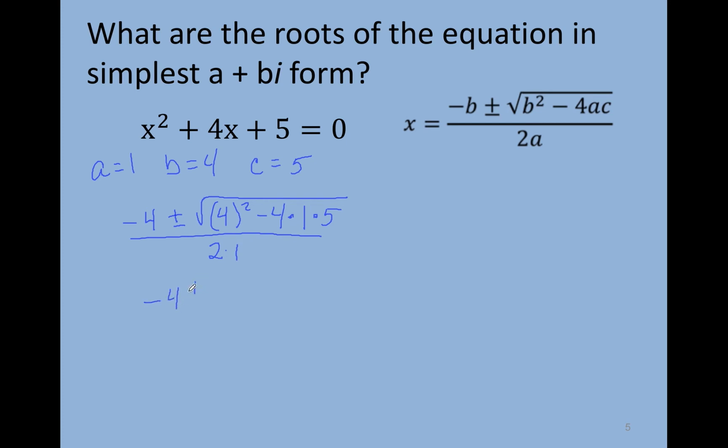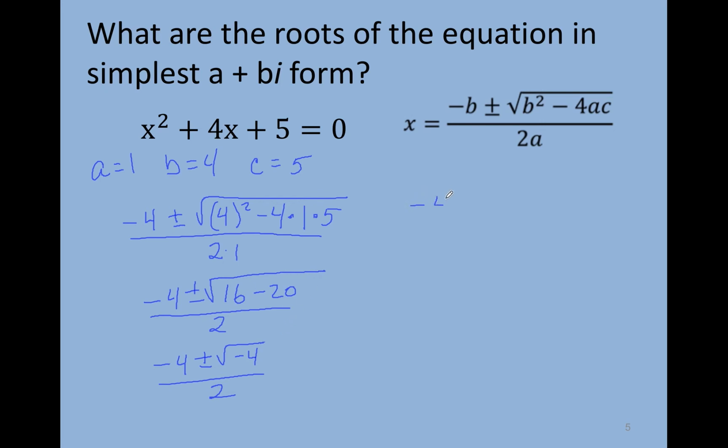So negative 4 plus or minus, 4 squared is 16 minus 20 over 2. That's negative 4 plus or minus the square root of negative 4 over 2. Since that's a negative number under here, we're expecting to see 2 imaginary solutions.